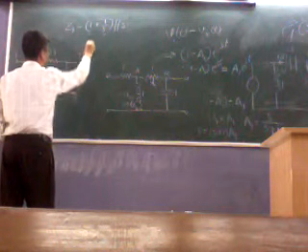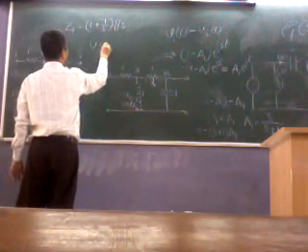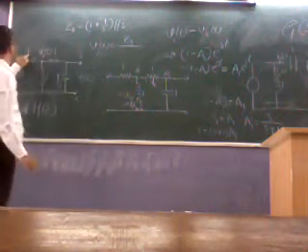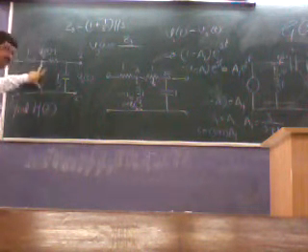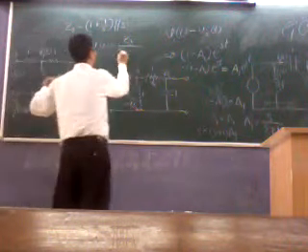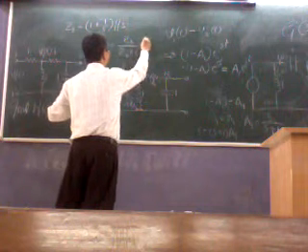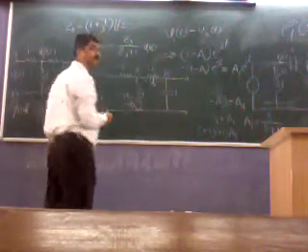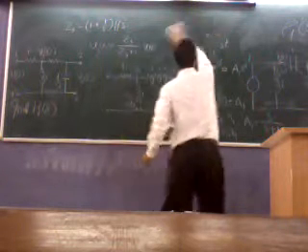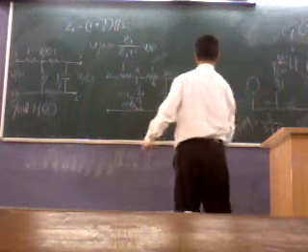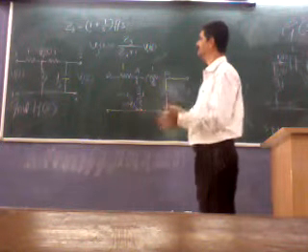Then what is V3(t)? V3(t) is Z3 upon Z3 plus 1 into V1(t). Right? Then what is V2(t)? It's simple.